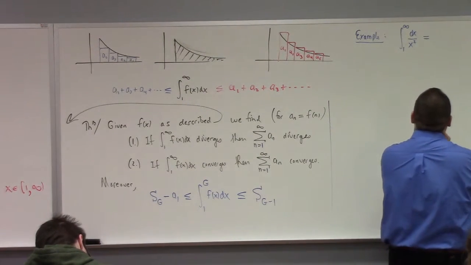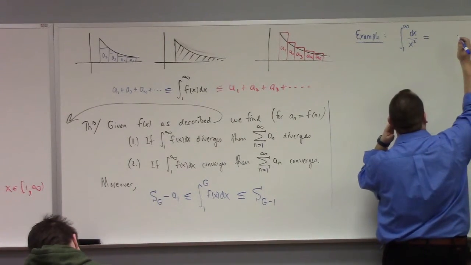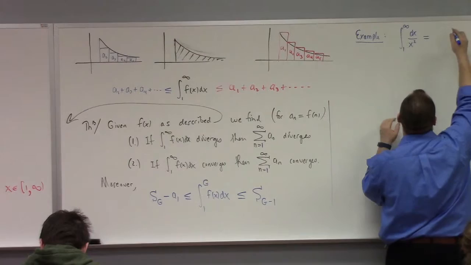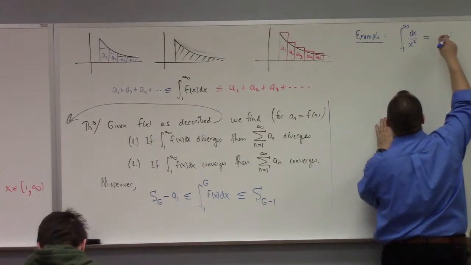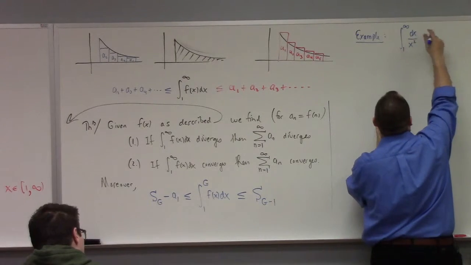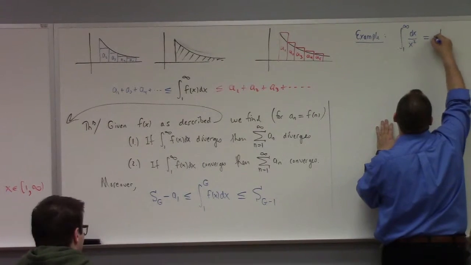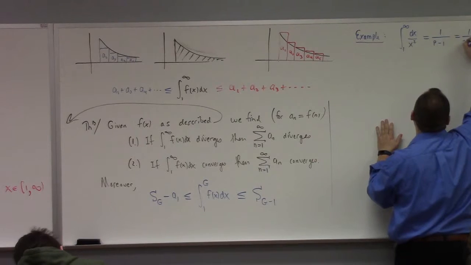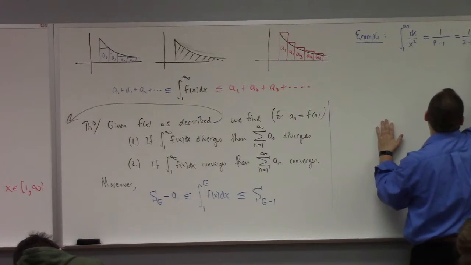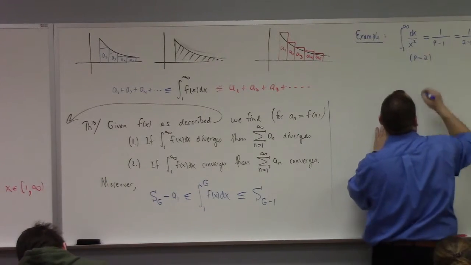Was it 1 over p minus 1? I'm trying to remember. I think it's 1, right? It's 1, because it's 1 over p minus 1, which is 1 over 2 minus 1, which is equal to 1. So here, p is equal to 2, right?